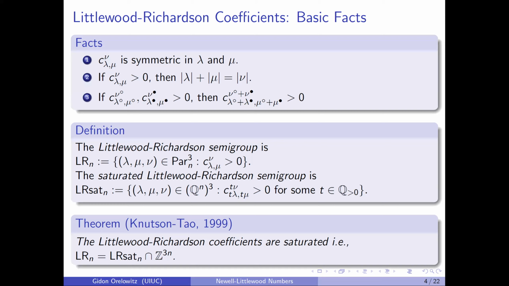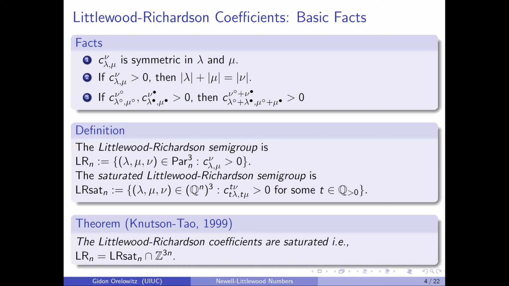But it turns out that this fractional business is the only difference between the two. And so in 1999, Knutson and Tao showed that the Littlewood-Richardson coefficients are saturated, which just means that if you only look at the integer points of the saturated semigroup, you get back the usual semigroup.